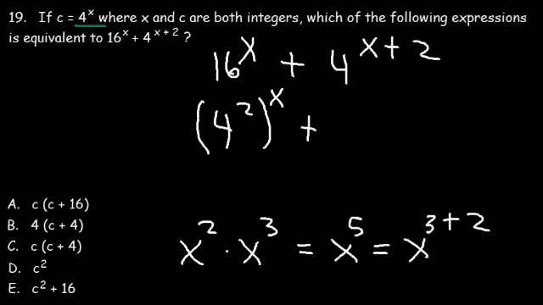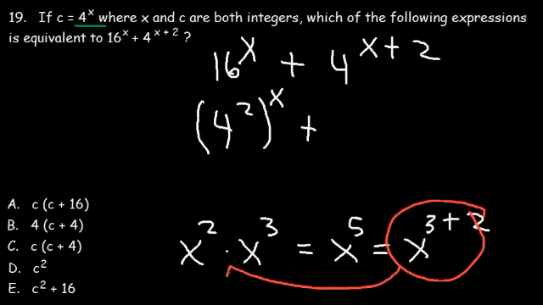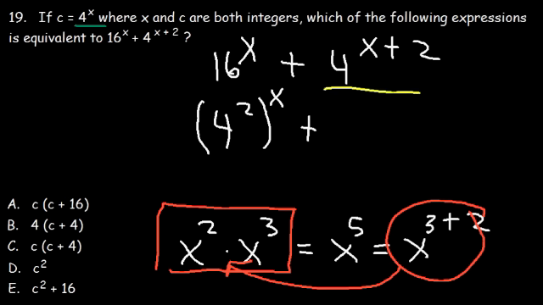So what we want to do is take an expression in this form and separate it into an expression that looks like what we have on the left. So therefore, if x raised to the 3 plus 2 power is equal to x squared times x cubed, then this expression, 4 raised to the x plus 2 power, is the same as 4 to the x times 4 squared. Because when you multiply common bases, you can add the exponents.